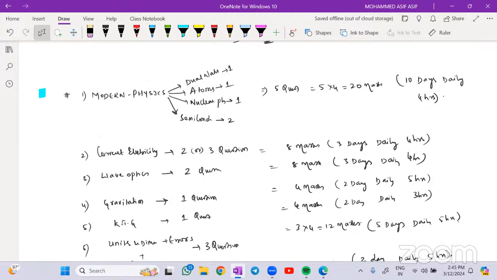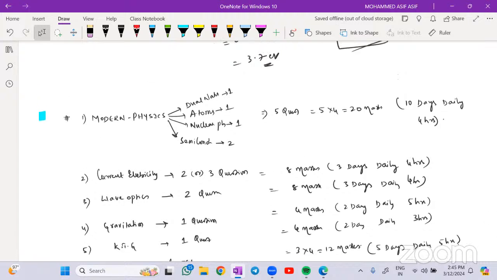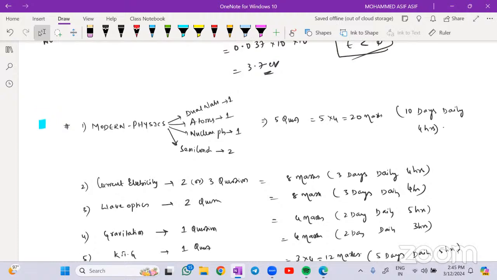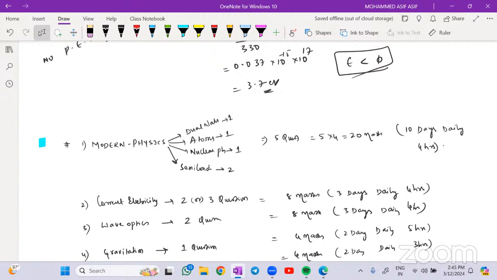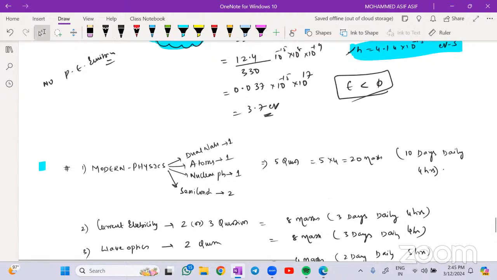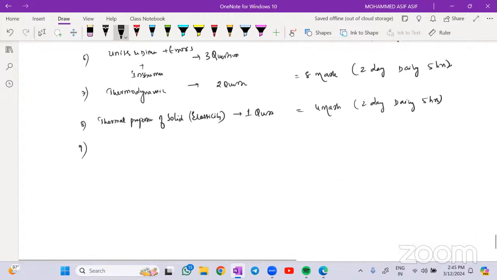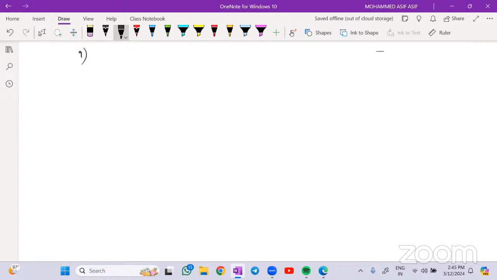Then 4 marks. Then plus 4. Then how much did I get? 8 marks. Then again 8 marks. Then 20 marks. So if you do this, this is approximately coming out to 68 marks.